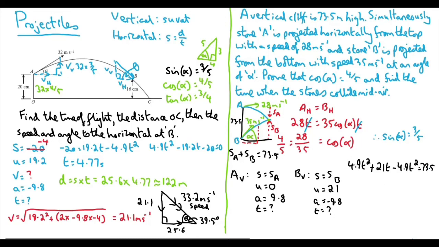Well, a positive 4.9 T squared and a minus 4.9 T squared are going to cancel with each other, leaving us with just 21T equals 73.5, and so T is going to equal 3.5 seconds.